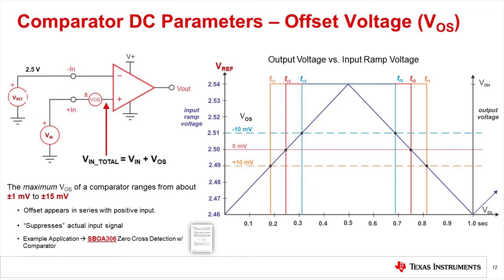This timing behavior may cause issues in certain designs, but many engineers are used to designing with modern op amps that have offset voltages in the range of microvolts to a few millivolts. But comparators typically have offsets that are somewhat higher, ranging from like 2 millivolts up to 15 millivolts.